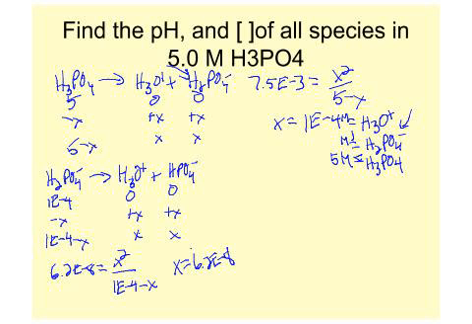So that means that 6.2 E negative 8 is the added H3O positive concentration. Well, notice if I have E negative 4 concentration, I'm adding E negative 8. I'm adding nothing important. I did make that much HPO4 negative.